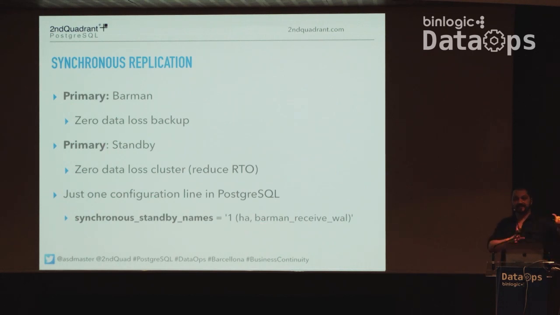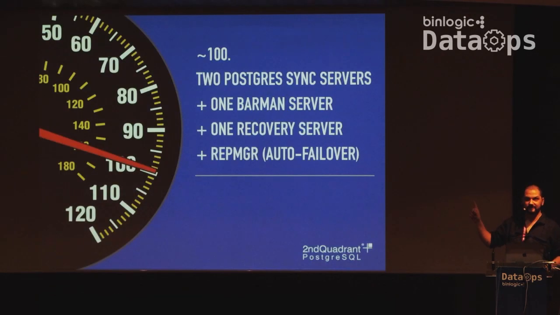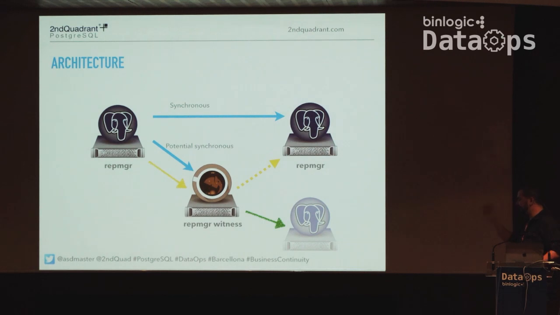We are at the 90%. I'm going to close and I'm going to run because I'm late. So 100. How can we achieve 100? We have two Postgres servers in synchronous, one Barman server, one recovery server, and one repmgr. Repmgr is a product that is developed by 2ndQuadrant in this case, but there are other products that take care of this operation.